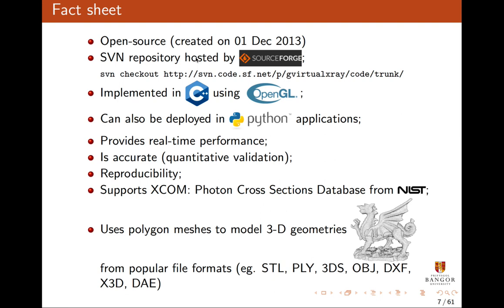And because it's open source, my results are reproducible. I use photon cross-sections from NIST so that we get good inputs for attenuation coefficients, and the geometry that we use to simulate objects are polygon meshes. We support popular formats via a library such as Assimp, and we can use STL files, PLY files, 3DS, OBJ, etc.